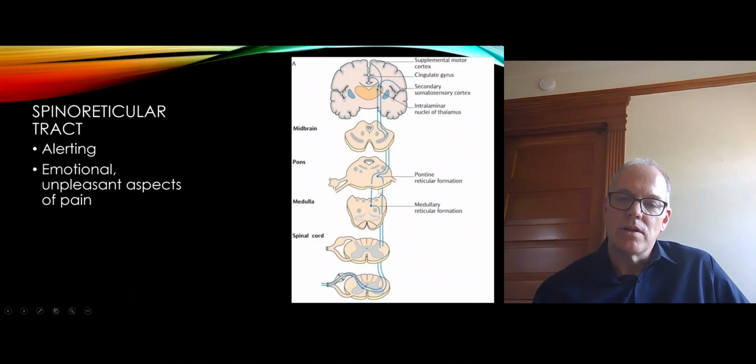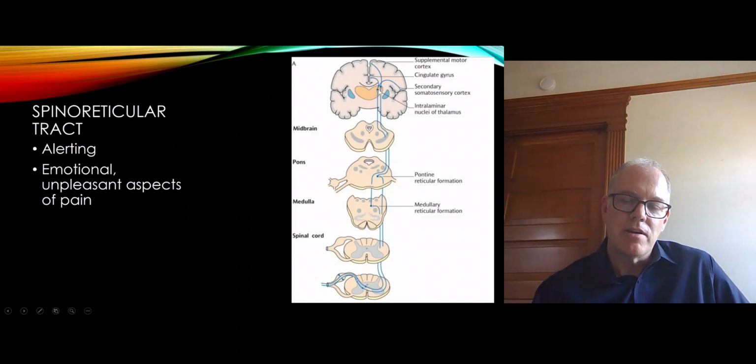We're going to see this throughout the brainstem, especially in the pons and in the lower midbrain area. From the reticular formation, this goes up to the thalamus. They call this the intralaminar nucleus of the thalamus. When we went through the lecture on the thalamus, we called this the centromedian nucleus of the thalamus, same thing.